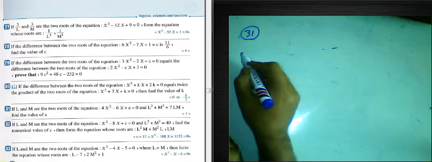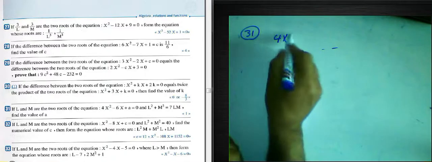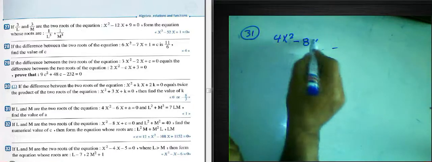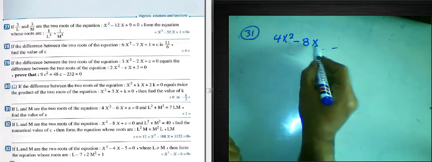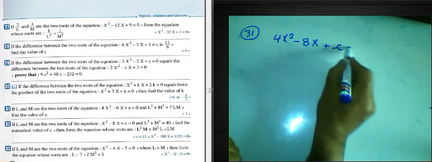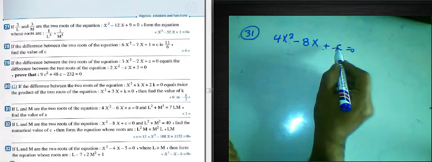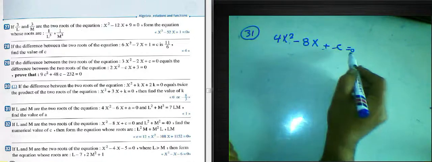If L and M are two roots of the equation 4x power 2 subtract 8x plus c equal 0. L and M are two roots.